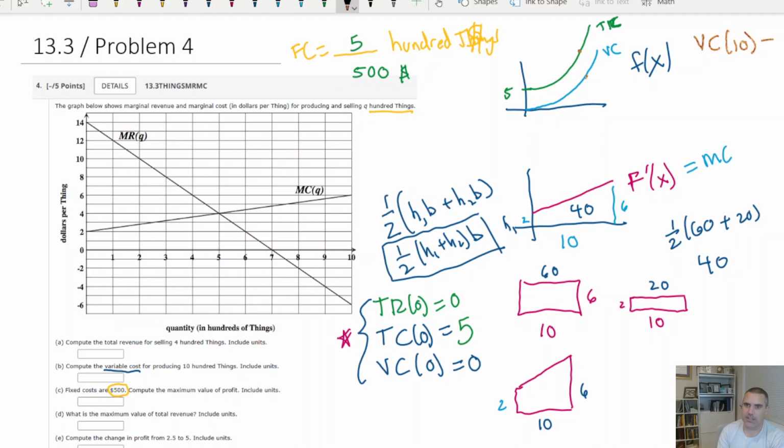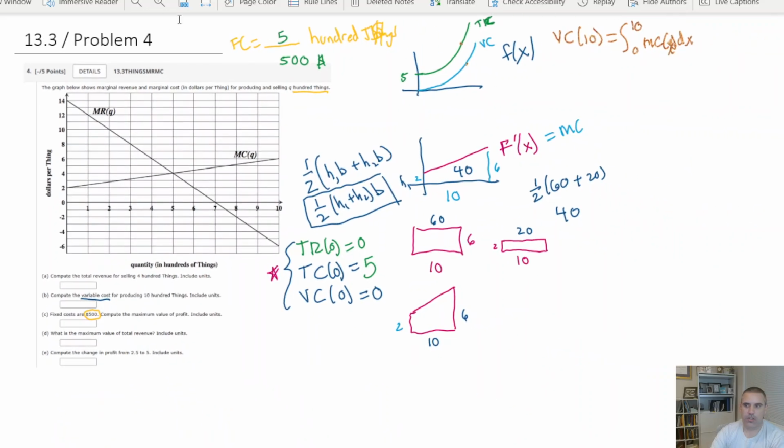The variable cost at 10 is the area under the marginal cost, which we just computed. I know I went off the screen. This is just getting you thinking because we'll do this in class. And so we figured out that this was $100.